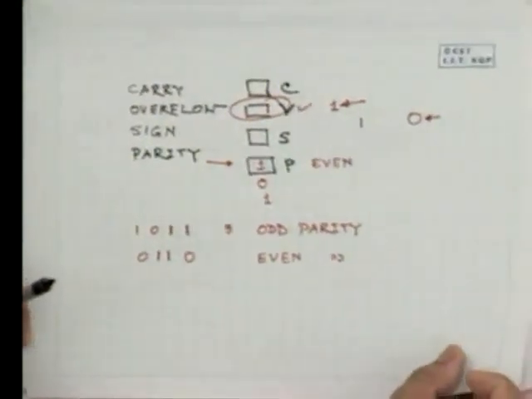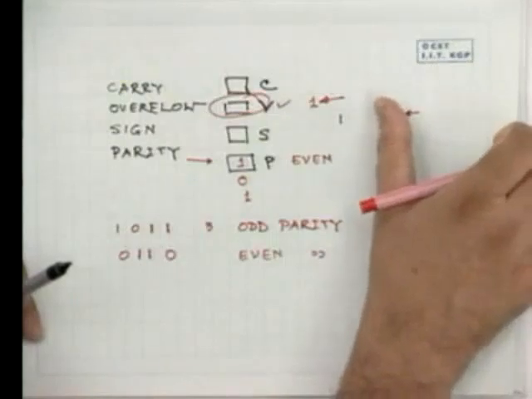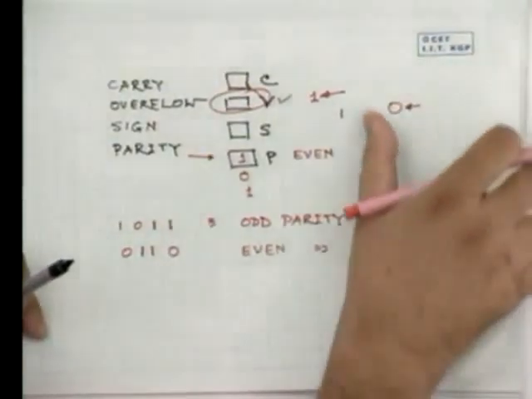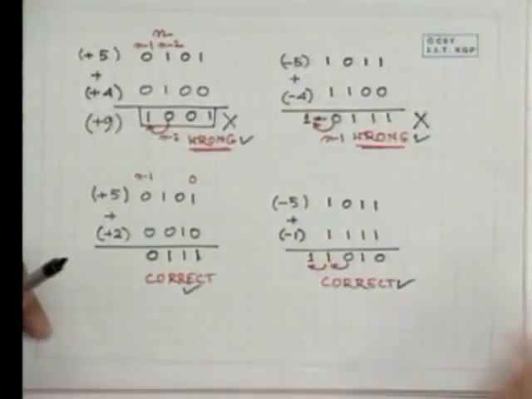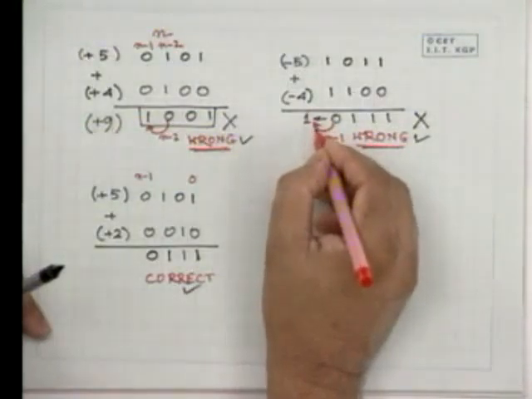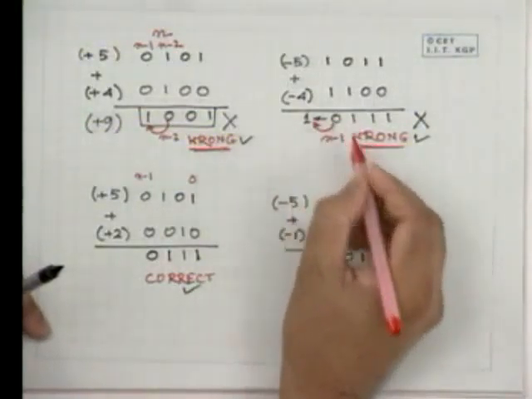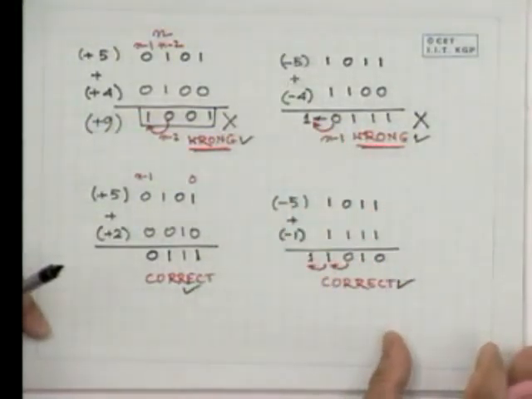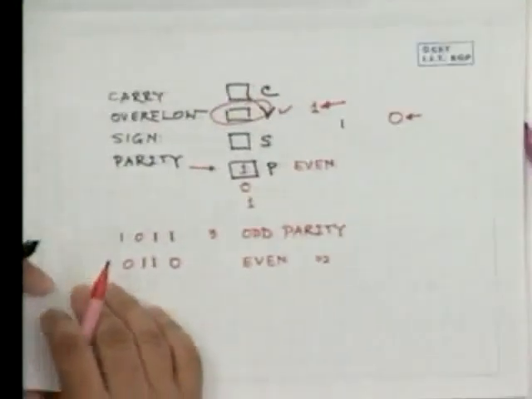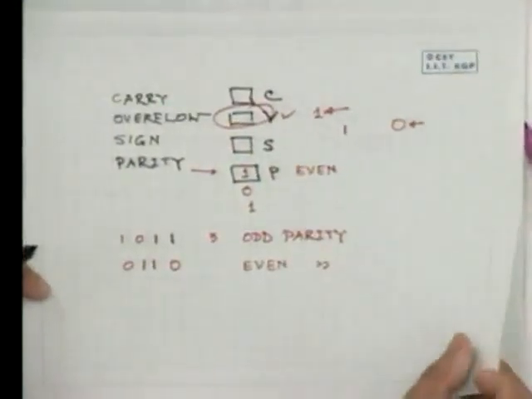Okay. As we will find later on, a simple exclusive OR gate will do the job. Exclusive OR of this carry and this carry will do the job to detect the overflow.